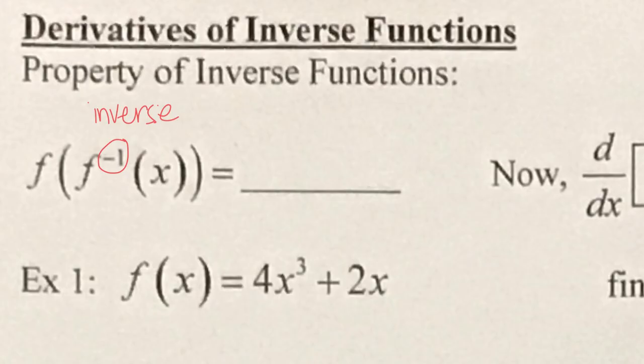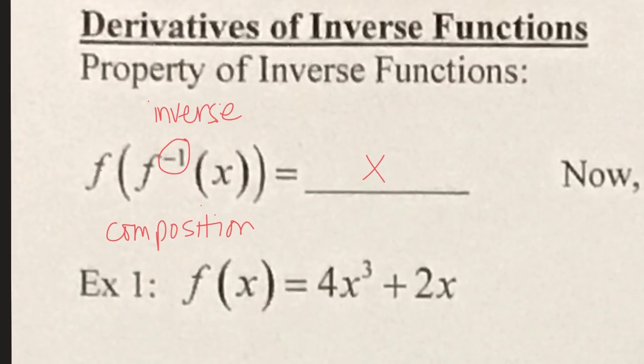So if I have f inverse of f, those undo each other and you get x as your answer. If you take an inverse and compose it with its function, this is composition, then you get x as your answer. Not 1 or 0, you always get x.